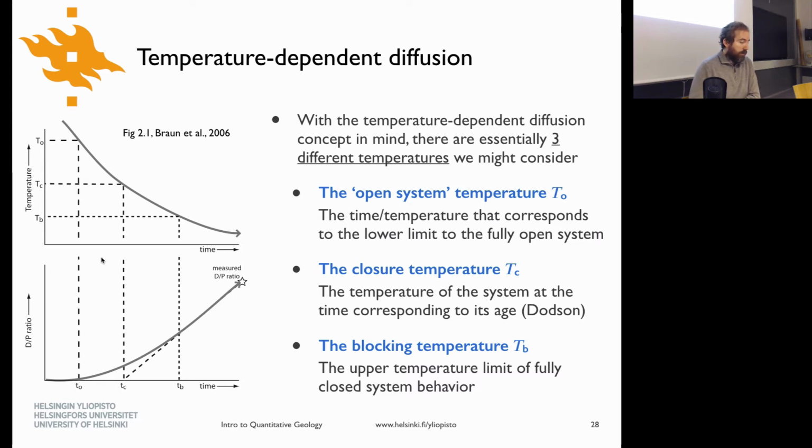There's a couple other temperatures that are defined on here, the open and blocking temperatures. So these are the temperatures that correspond to the totally open, so everything that's produced diffuses out at temperatures above this TO, so I guess it's shown here. And then TB would be the blocking temperature, where every isotope that's produced is trapped inside the crystal.